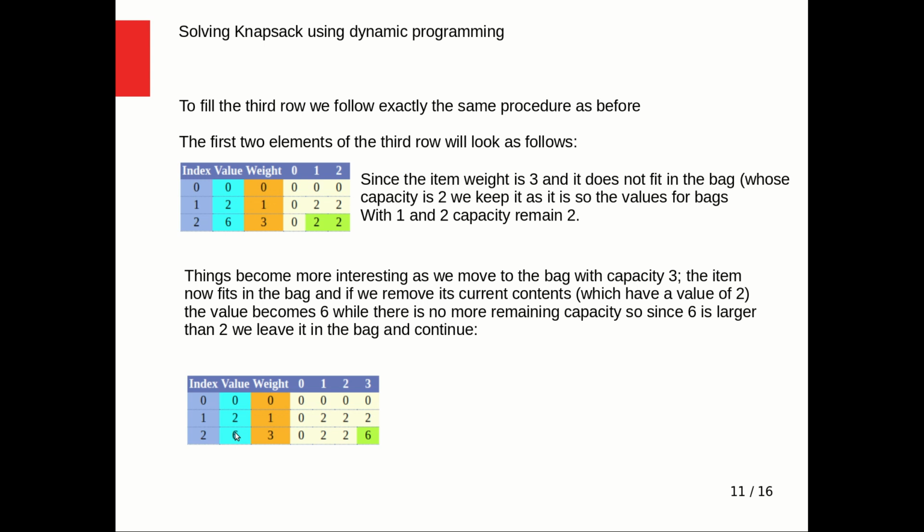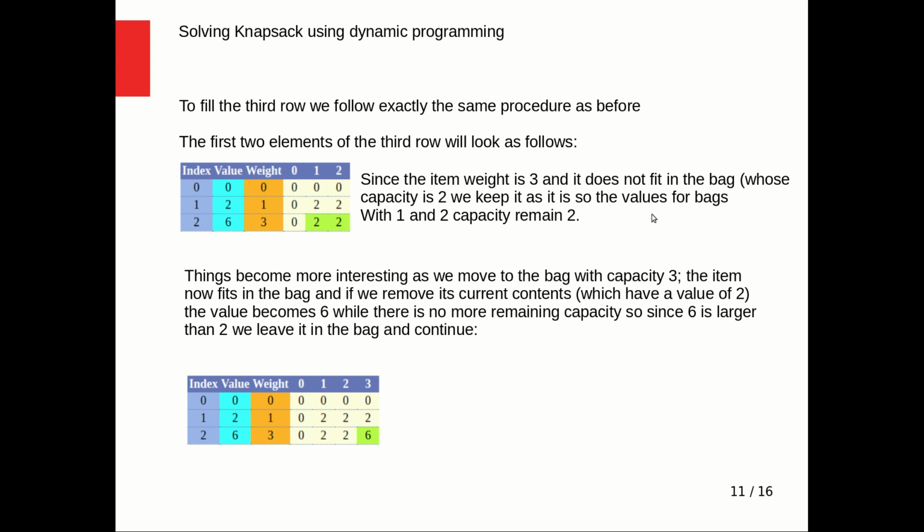The value before was 2, so we should go ahead and place this item in the bag, being sure that the maximum value that we can take from these items, with values 0, 2 and 6, is 6. This will never change. It is going to stay the same until we finish our algorithm.